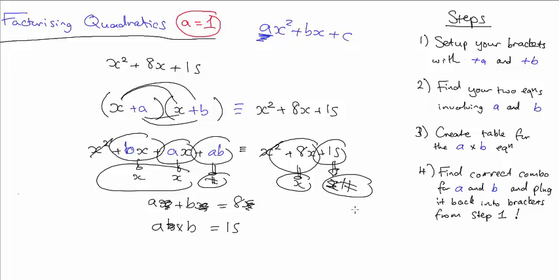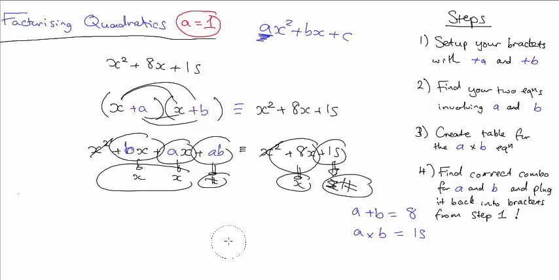That's how we get our two equations: a plus b equals 8 and a times b equals 15. Sorry, I did that wrong at first.